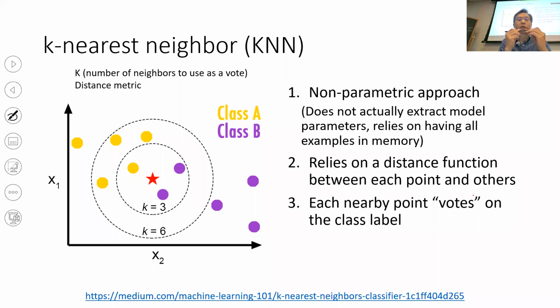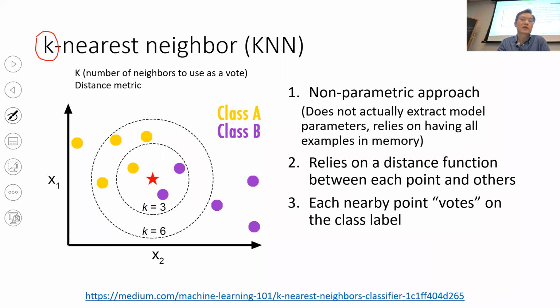So you will have a setup. In this case, you have yellow and purple, two classes of data points. Then your test data point is indicated by this red star here. Then you compute the distance between your red star and its neighbors. And you have to have a parameter K, to see how many neighbor data points you want to consider.